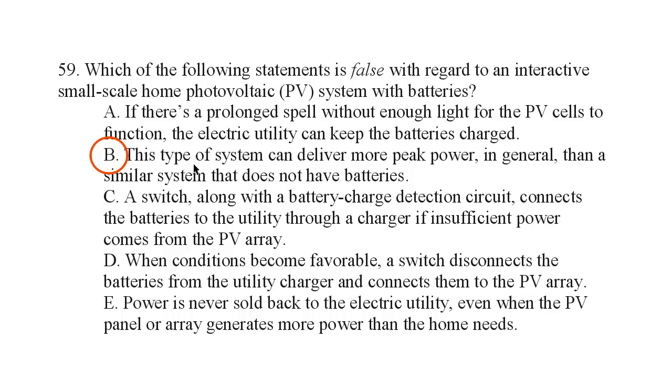In any case, the batteries do not in and of themselves allow you to get any more peak power than you would get from the utility all by itself. So statement B is the answer here.